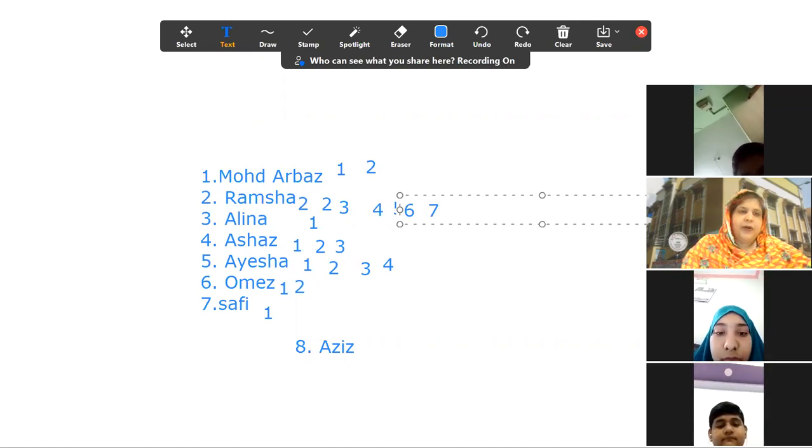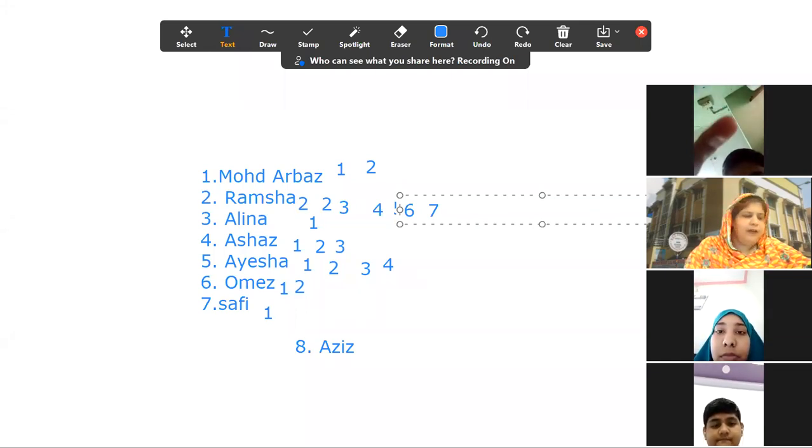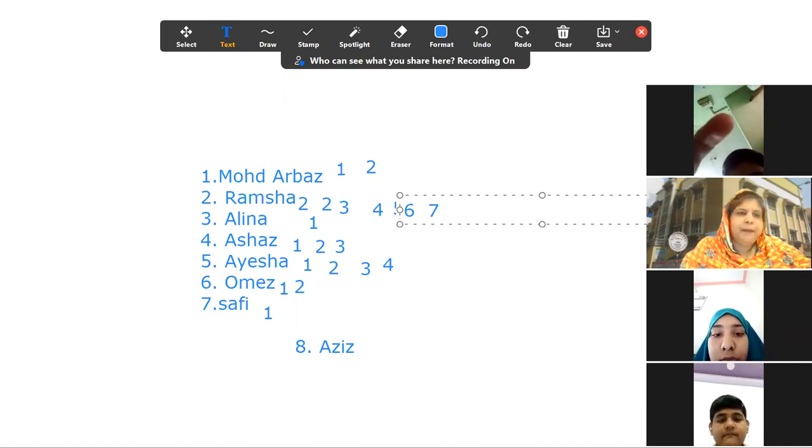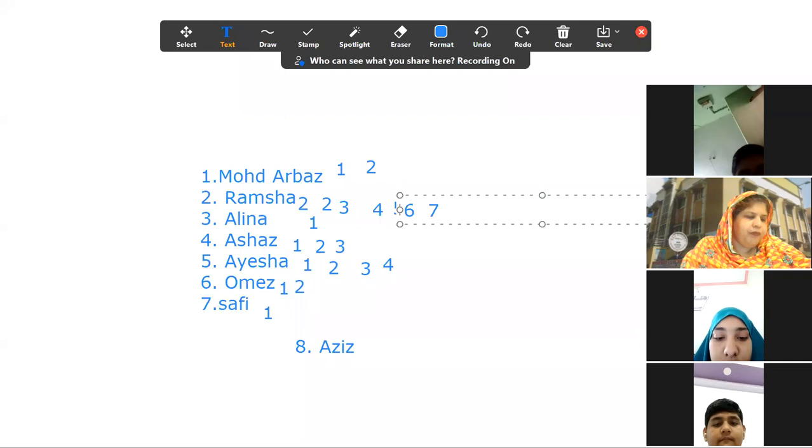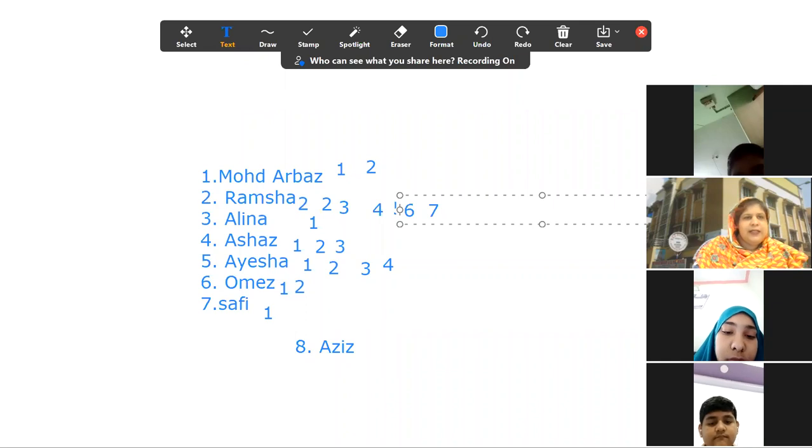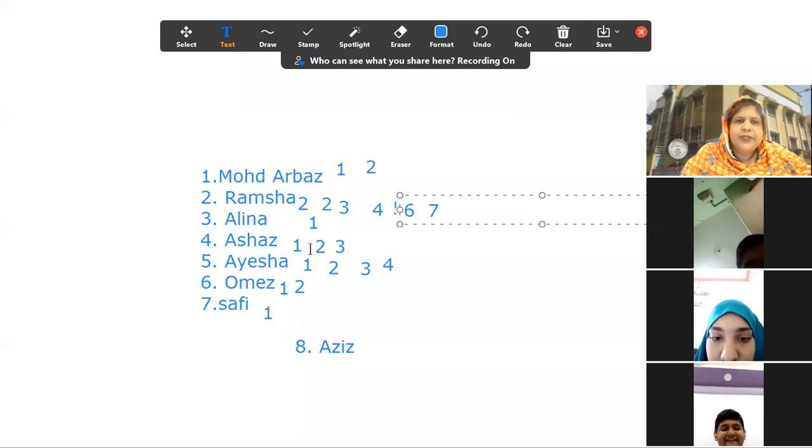Citric acid cycle production, Aisha. Aisha said anaerobic. Aerobic is Ashaz. Ashaz is right here. First answer, correct. First answer was given by Ashaz. So it is aerobic respiration.